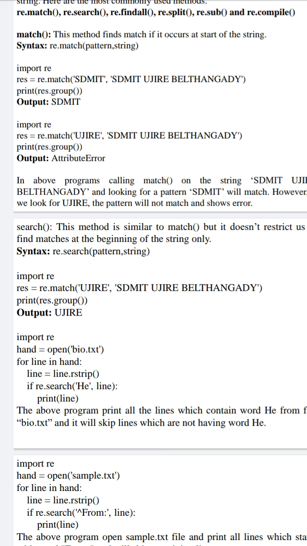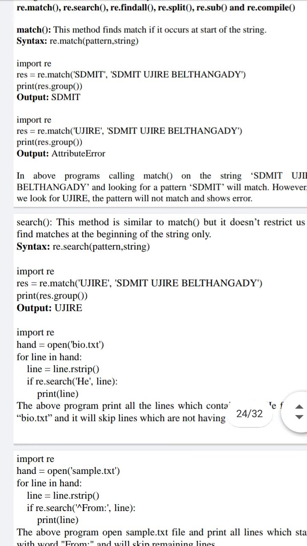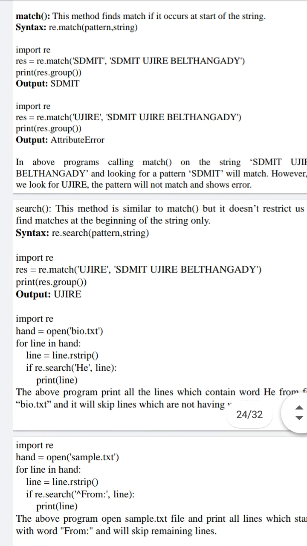Even though the pattern is present in a string, if the place of that pattern is not at the beginning, it will not match, because it clearly states that it will return true or extract the pattern if and only if the string starts with the pattern.